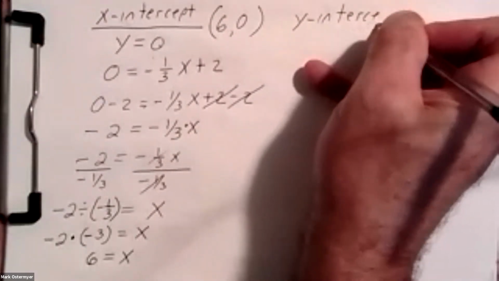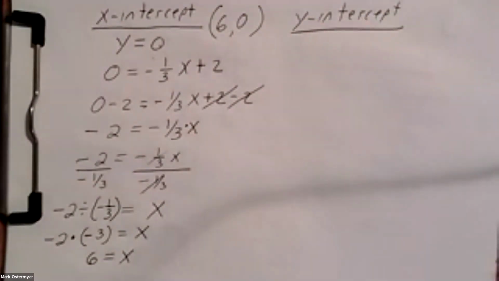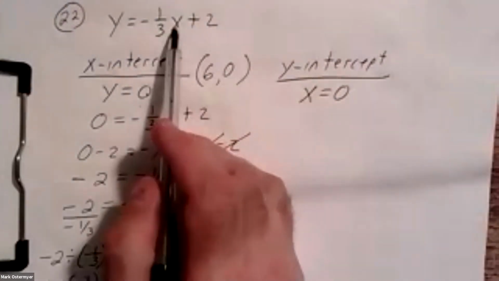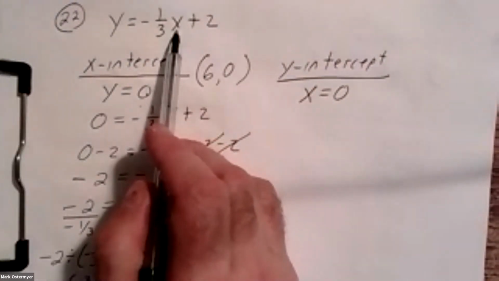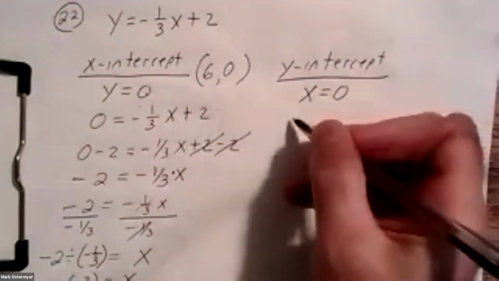How do I find a y-intercept? What do I always set equal to 0? The x variable. Take 0 and substitute it in for the x variable in the equation. So we replace x with 0 here. Therefore our equation will be y equals negative 1/3 times 0 plus 2.